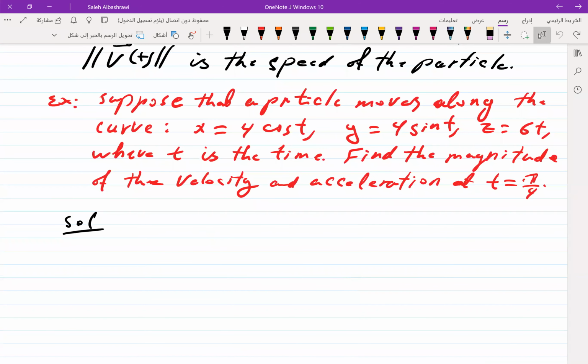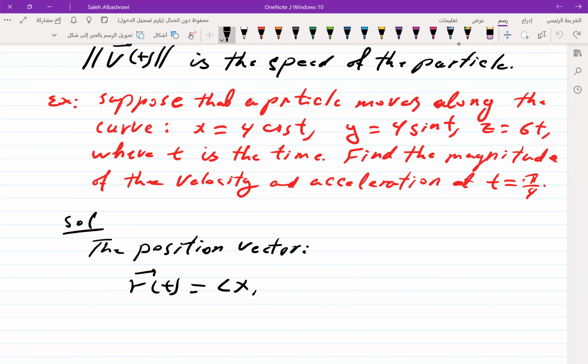So the position vector r is equal to x, y, z, which is 4 cosine t, 4 sine t, 6t.